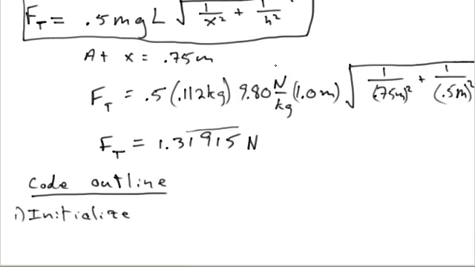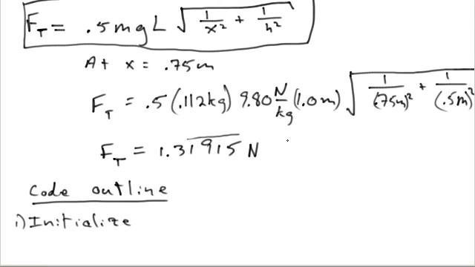I think I might actually be able to see all the ones I need right here. M equals 0.112, that's how many kilograms M corresponds to.